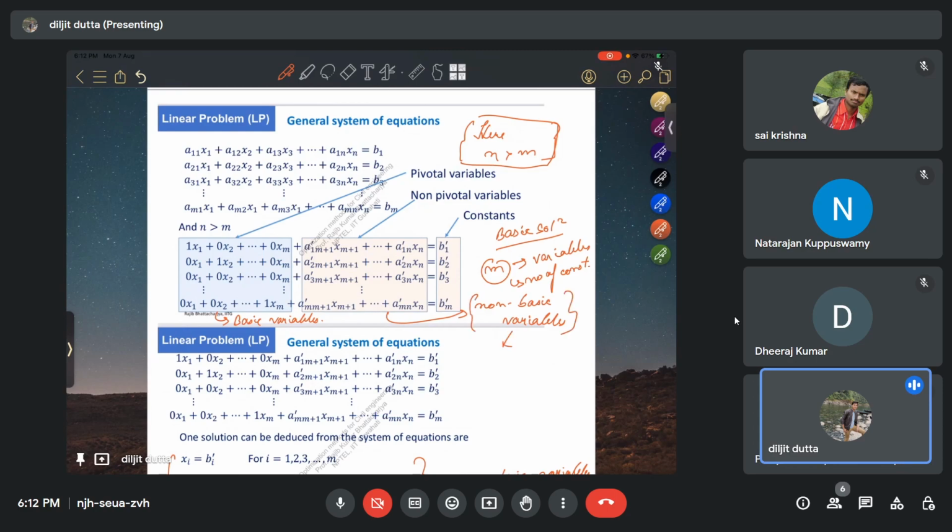These non-basic variables are also the independent variables, and these basic variables are the dependent variables.